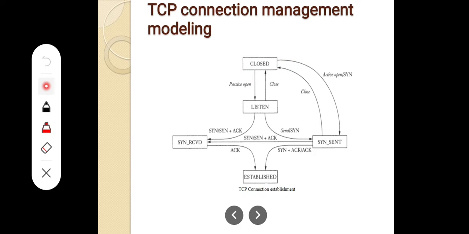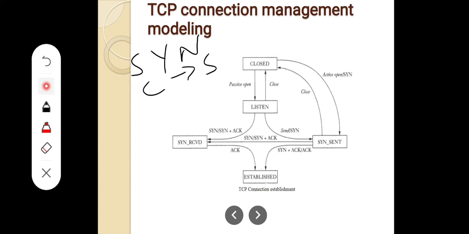If a client wants to get a connection with the server, it will be sending a SYN message, the SYN packet. We have already learned that SYN packet. The SYN packet will be sent by the client to the server in order to get the connection.